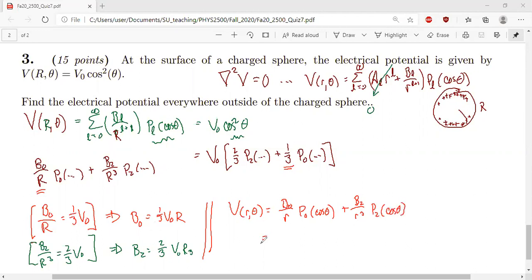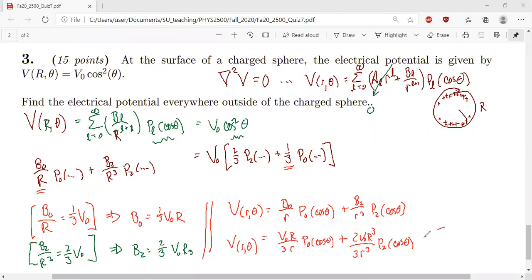We're plugging in our values for B naught and B2: V naught R over 3 little r, P naught cosine theta, which is a really fancy way of writing 1. And then B2 is 2 V naught R cubed, I'll fix that thing on the right-hand side in a second, over r cubed 3, P2 cosine theta, which is probably better to just keep calling P2 cosine theta instead of 3 halves cosine squared theta minus 1/2 plus 1/2.